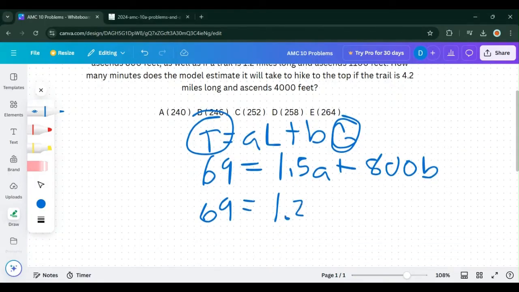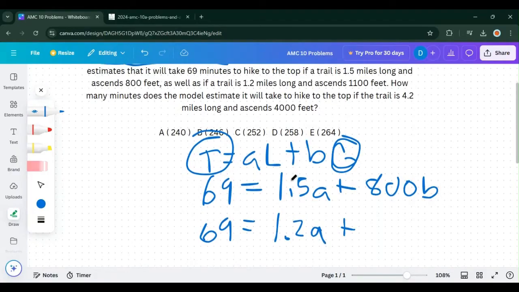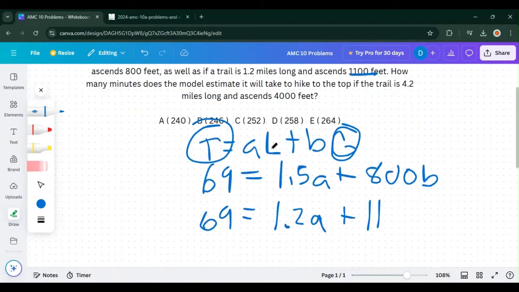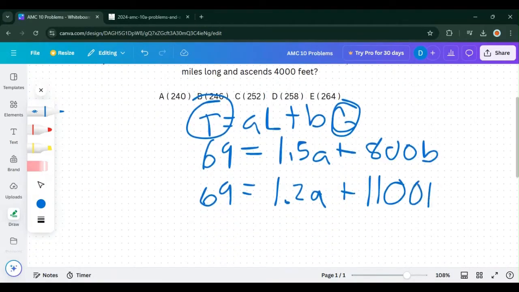Anyways, right here, 1.2 times a, and then for G, which is the altitude gain, it ascends 1100 feet, so we substitute that into the equation as well. So we have 1.2a plus 1100b is equal to 69.